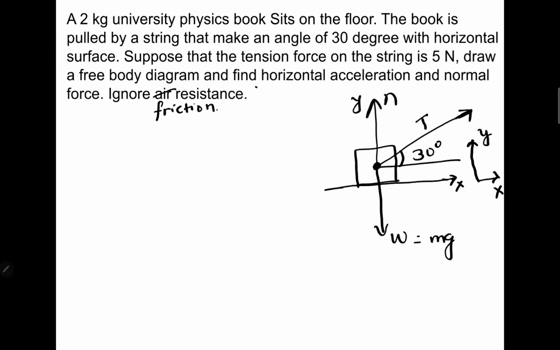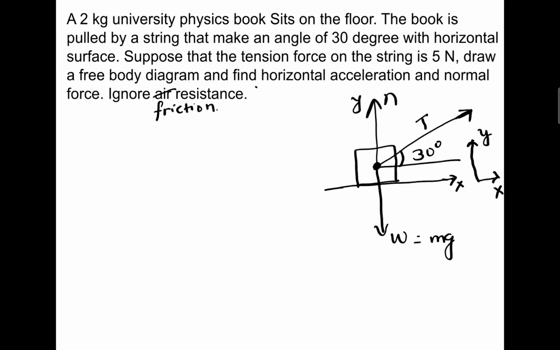So this is the free body diagram with the coordinate axis set. We set the x-axis along the floor surface, and the y-axis perpendicular to the floor in this case. So we completed two steps. First is drawing the free body diagram, and the second is setting the coordinate axis.